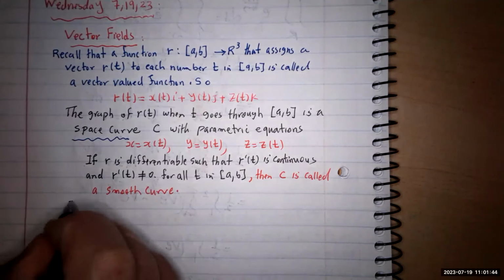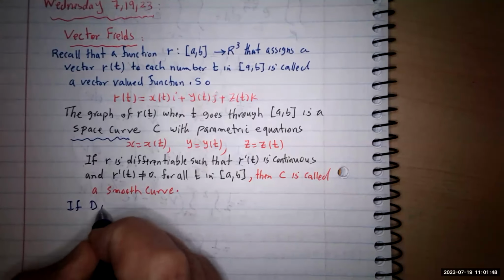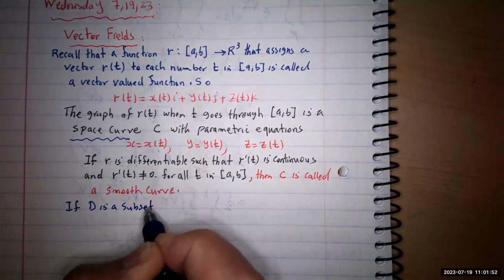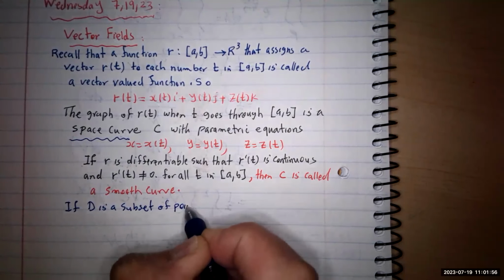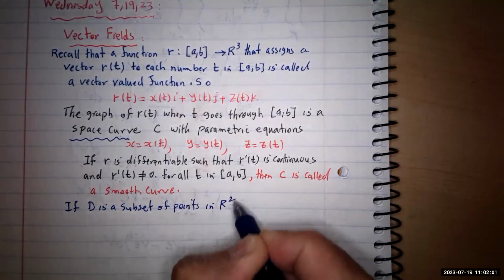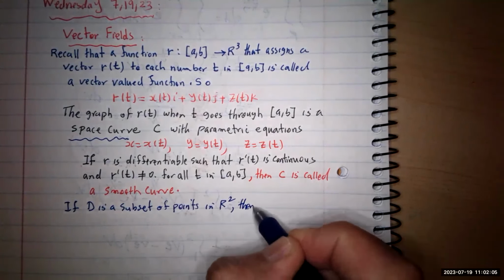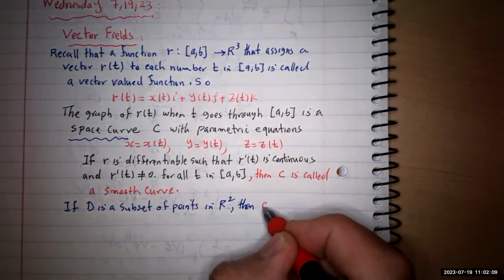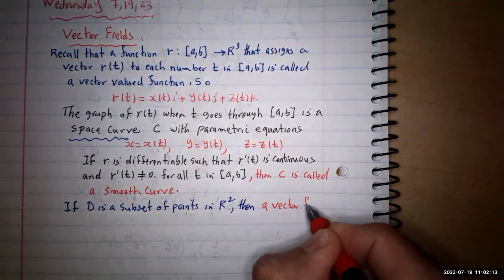Now, if D is a subset of points in R2, so that we can use 2 variables, then a vector field, a function, a vector field.